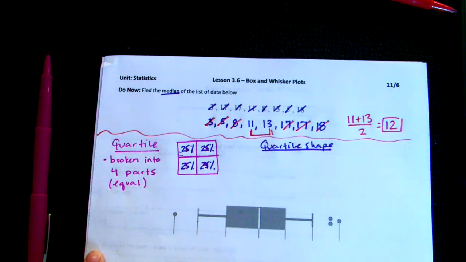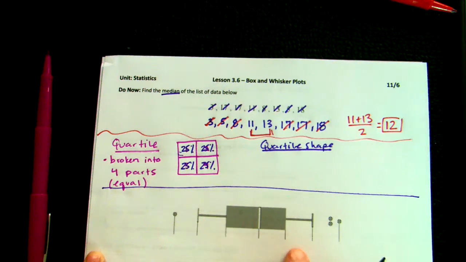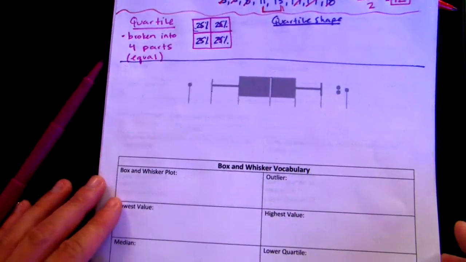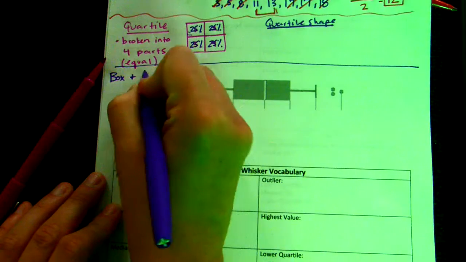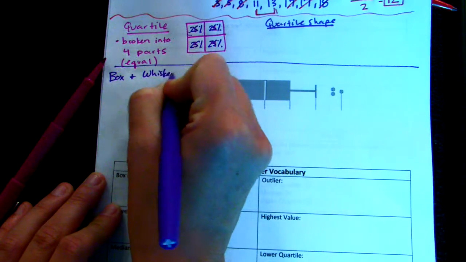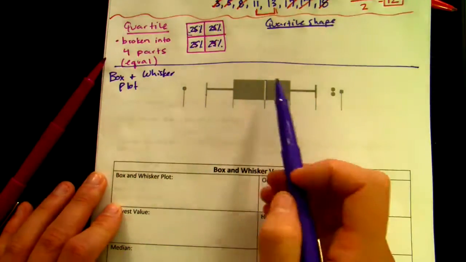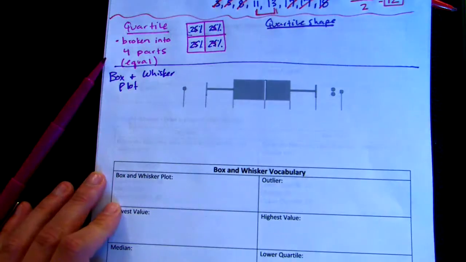Pause the video, finish that, and then we are going to move on to looking at our actual box and whisker diagrams. So what we have here is a box and whisker plot. Why we call it a box and whisker plot is that we've got our box section here in the middle and the whiskers at the end.